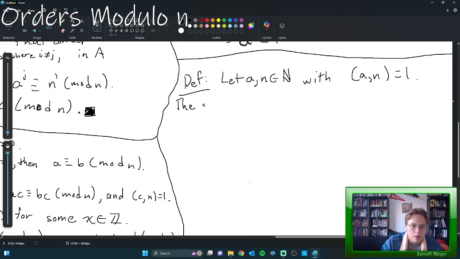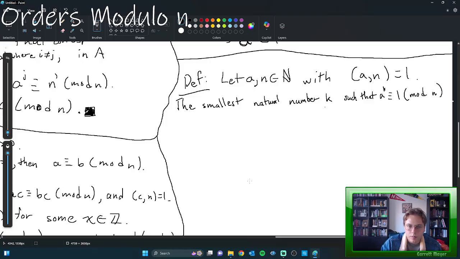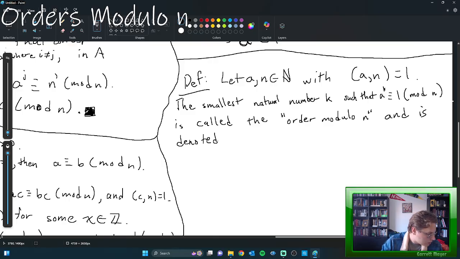The smallest natural number k such that a to the power of k is congruent to 1 mod n is called the order modulo n and is denoted order n of a.